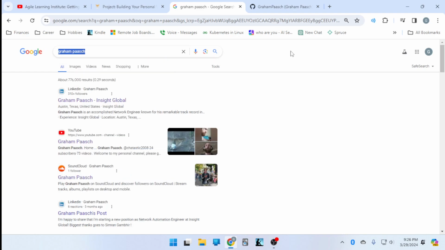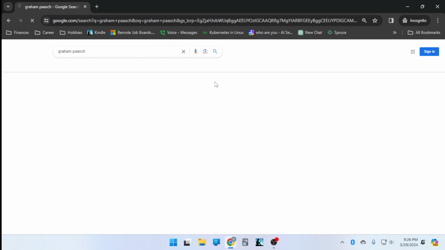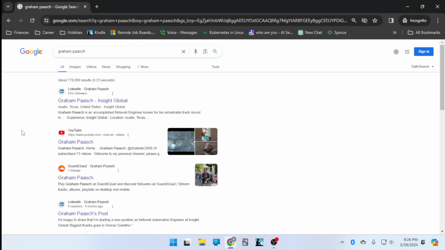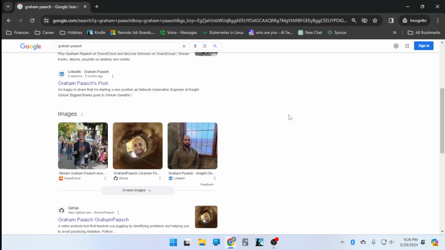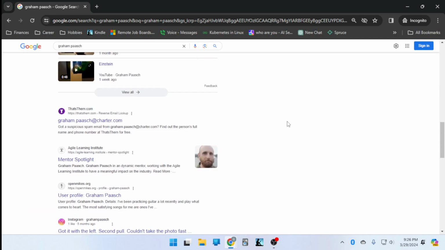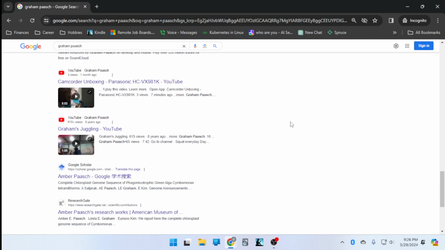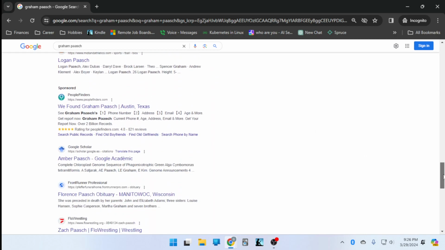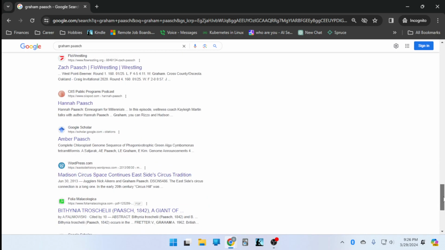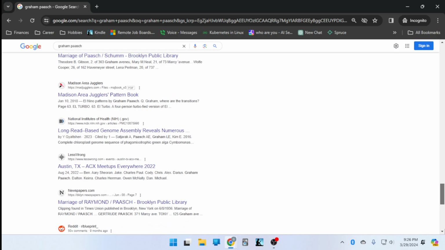And I would say most importantly, Google yourself in incognito mode, because you're more likely to see what they will see. Otherwise, you'll just see something curated about you that's based on your own computer, and somebody else looks at you online and sees something completely different than you were expecting.